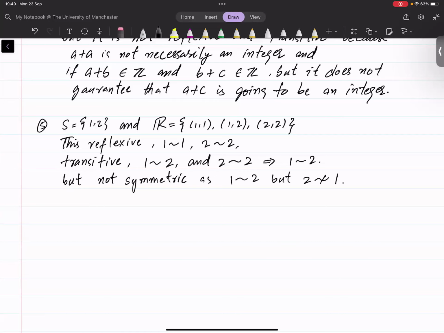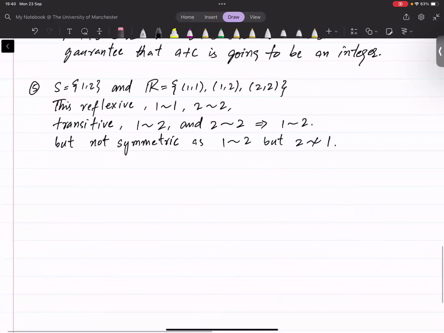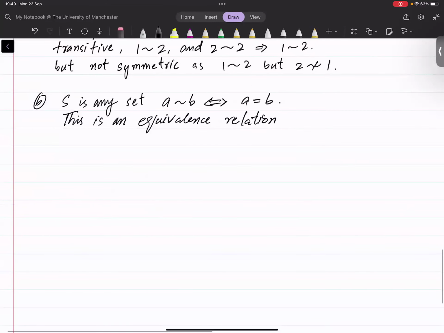Now, number 6. S is any set and A is related to B if and only if A is B. This is an equivalence relation. A is A, which is reflexivity.